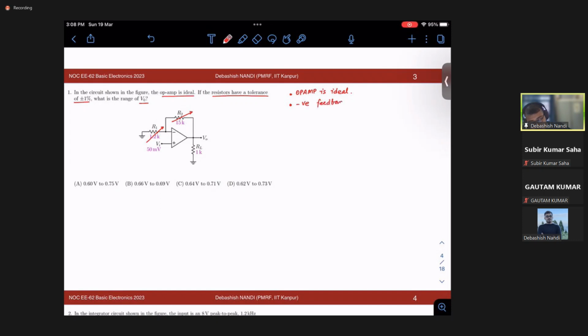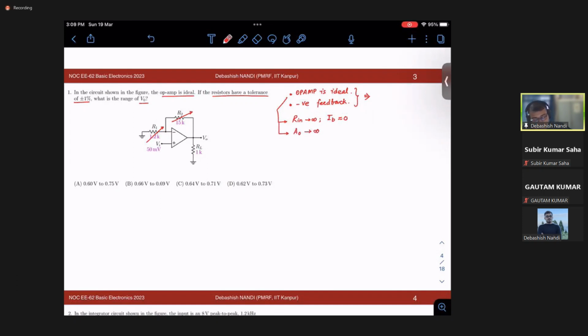And what is the consequence of this? First, ideal op-amp means Rin is infinite. That means no base current. And also your intrinsic gain of the op-amp is infinite.